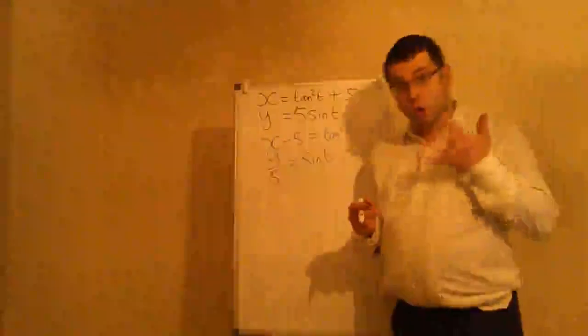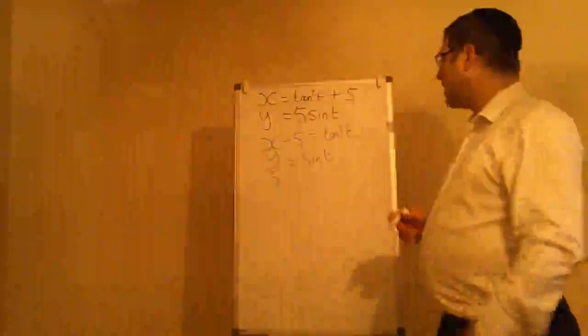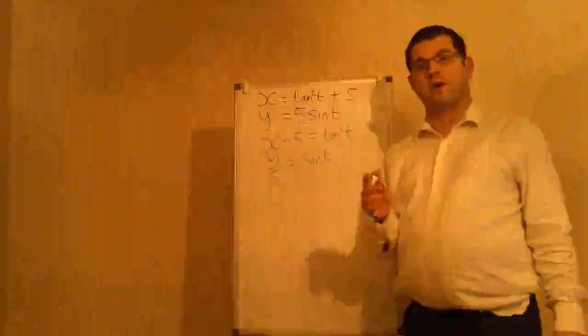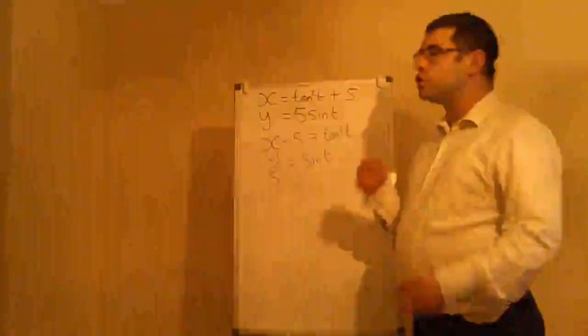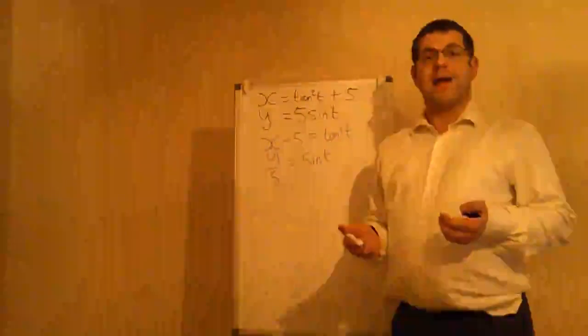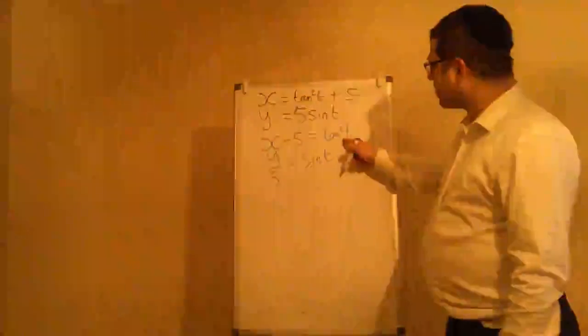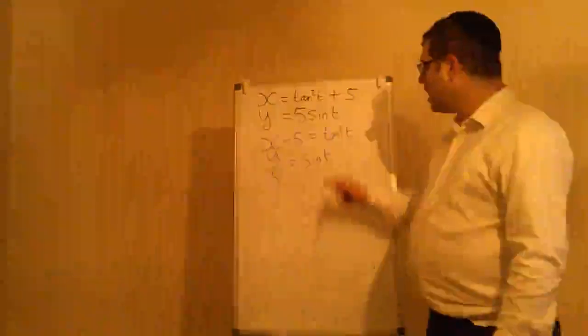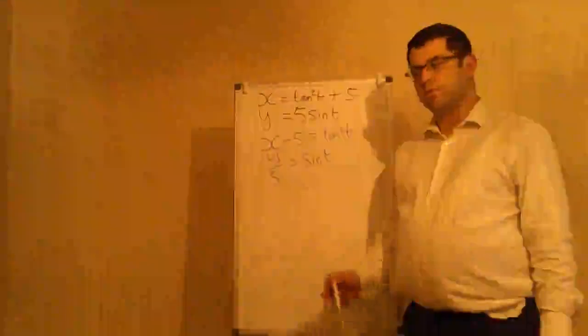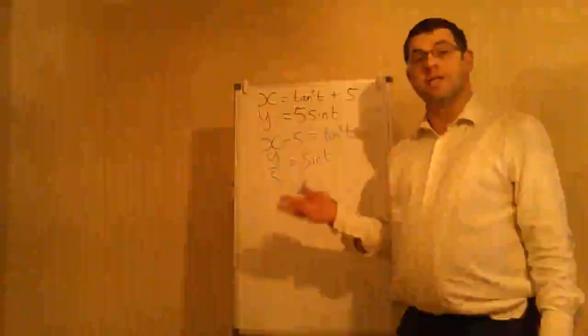A useful tool for parametric equations is to consider the reciprocal functions. So sine and tan do not share an identity that has sine and tan in it only. However, if you consider the reciprocal functions, they do. Consider the reciprocal of sine. The reciprocal of sine, 1 over sine, is cosec.